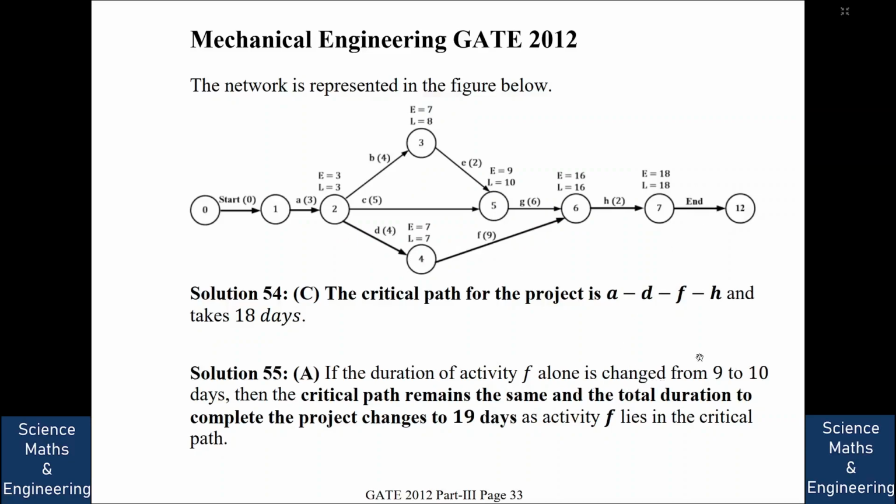So the total critical path length, which was 18 days, would now become 19 days. So the critical path remains the same, but the total duration increases from 18 days to 19 days as F is in the critical path.